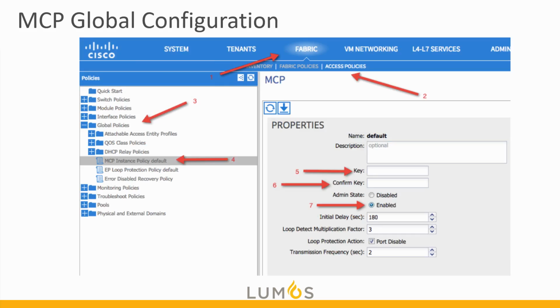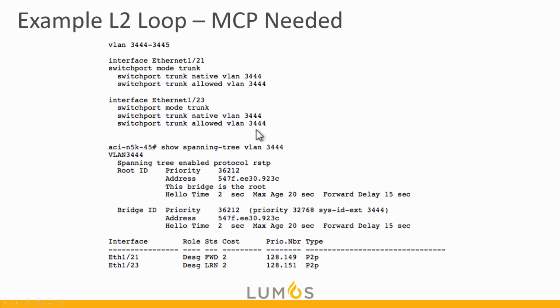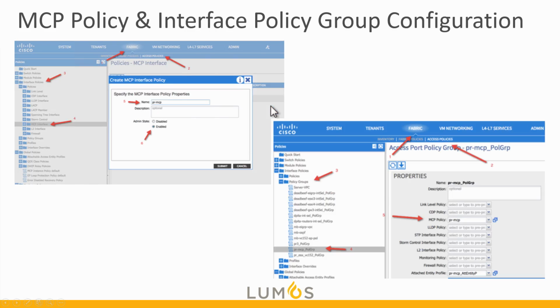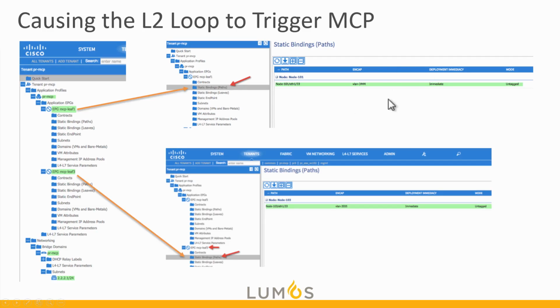And of course, remember, that includes outside the fabric, our E1/22 and our E1/23. Those are both native VLAN. So spanning tree is up, it's forwarding on both ports, but we have native VLAN. And so regardless of the VLAN we choose in here, it's going to be untagged. They're a part of the same bridge domain.